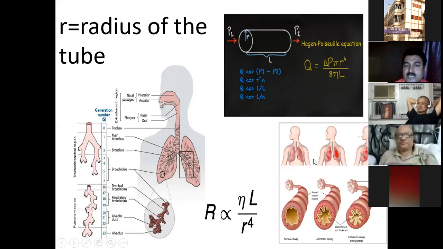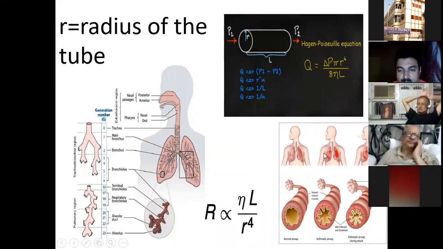So 2 things happen here. To overcome this crisis, the length is constant, the viscosity of atmospheric air is constant, your radius is reduced.